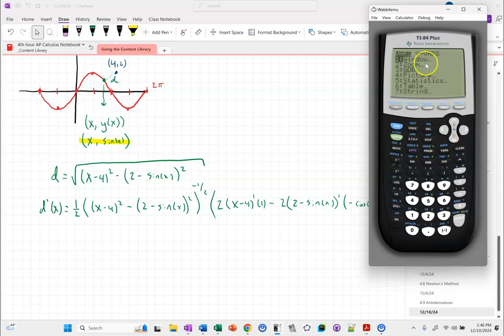I'll press vars, go over to the Y-vars, and choose function y1 of x. That will graph the derivative of y1 for me. I'll go from 0 to 2 pi or something.